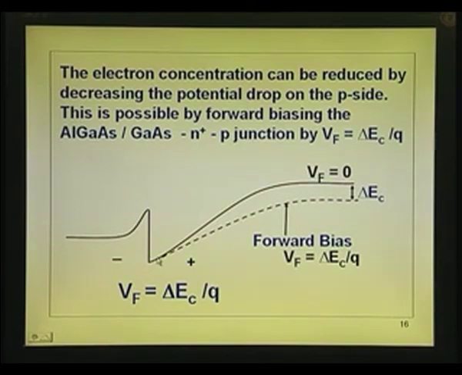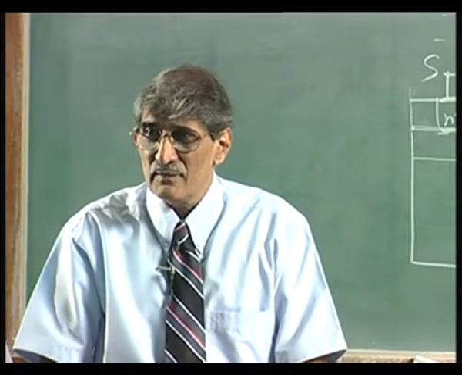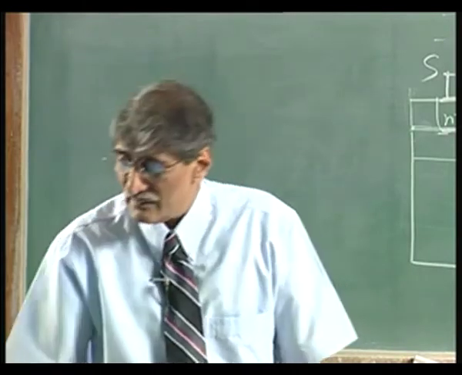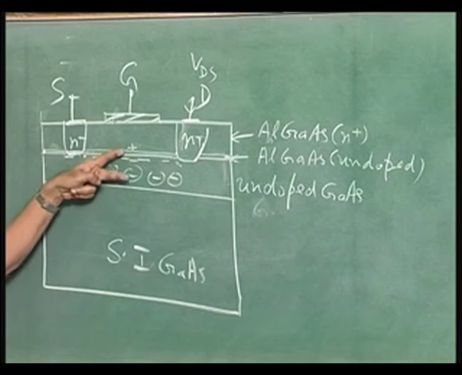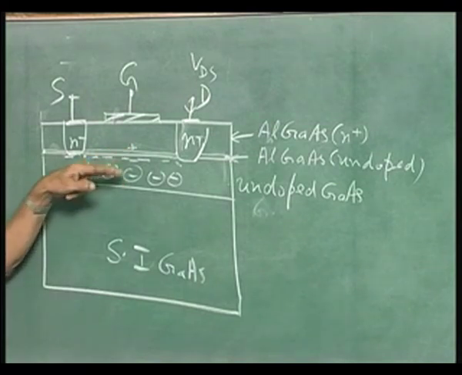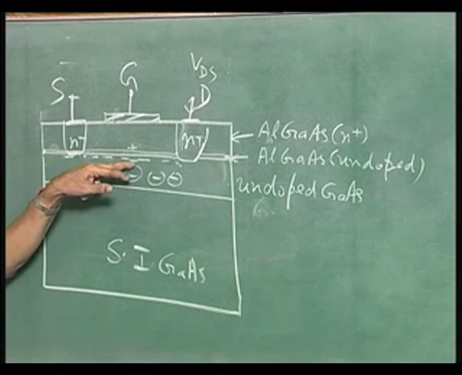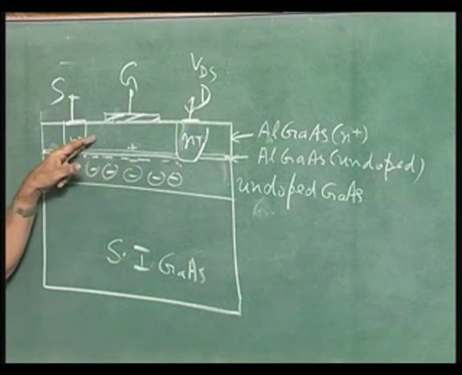Like in the MOSFET, if the potential drop in the p region is reduced, the inversion is reduced, you come out of inversion. Similarly here, the potential barrier is reduced by forward biasing plus minus Vf, your charges are reduced. So, you must be able to apply a bias across this junction to remove those charges, plus minus. Okay.